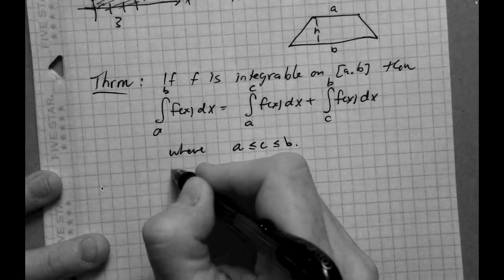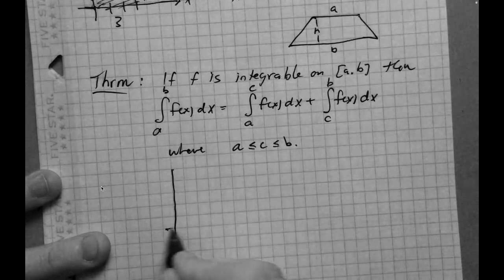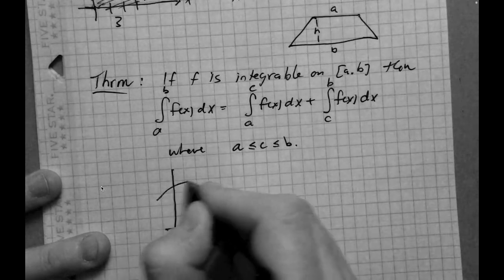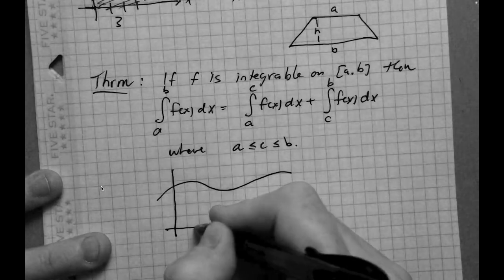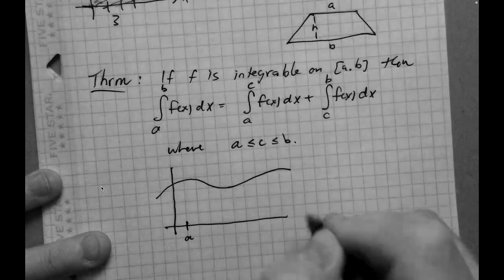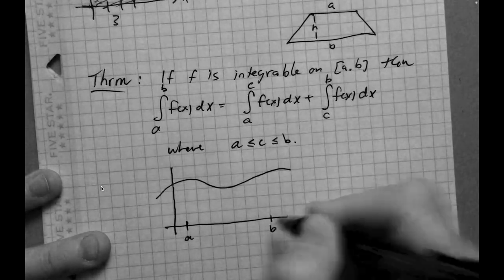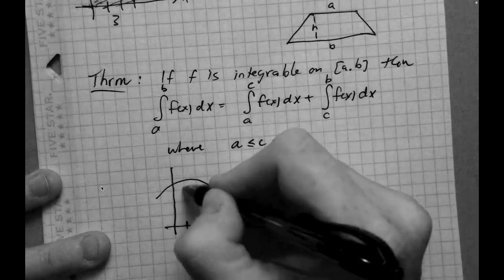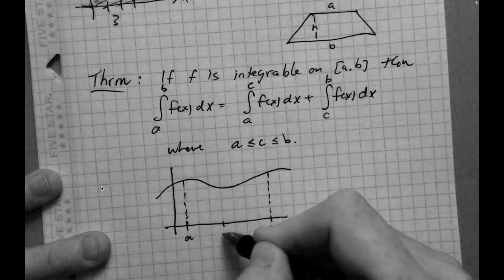Now, hopefully this is intuitive. This basically tells you that the area works in the normal way when you're calculating them using definite integrals like this. So say you got some c in here.